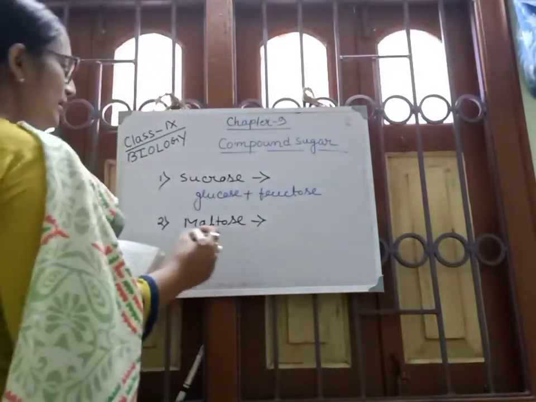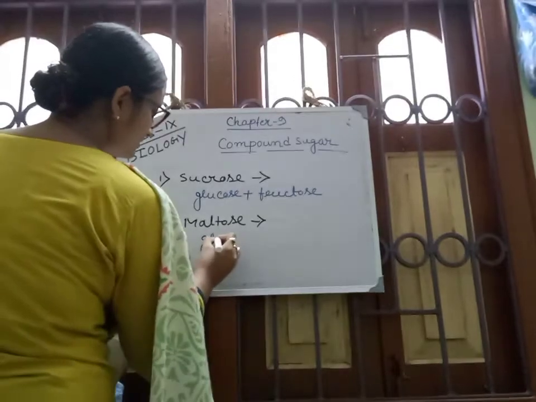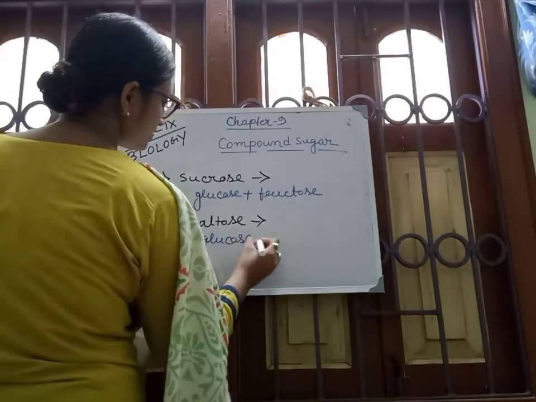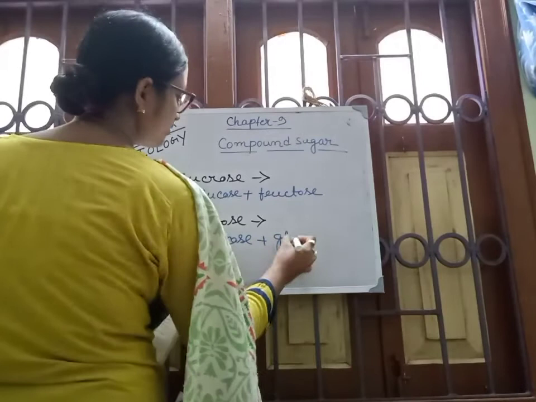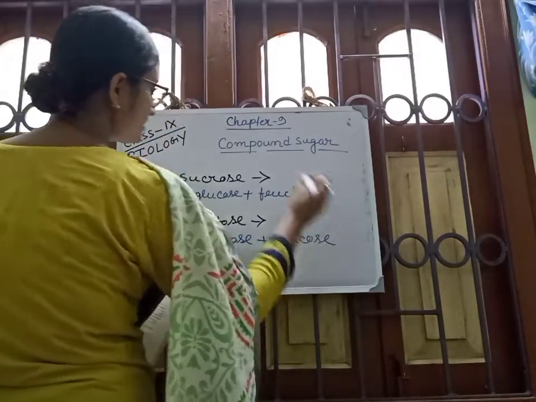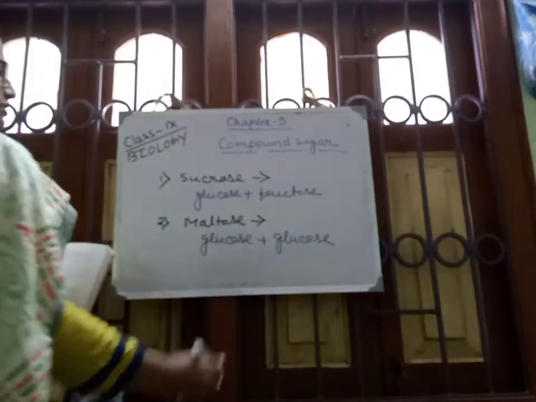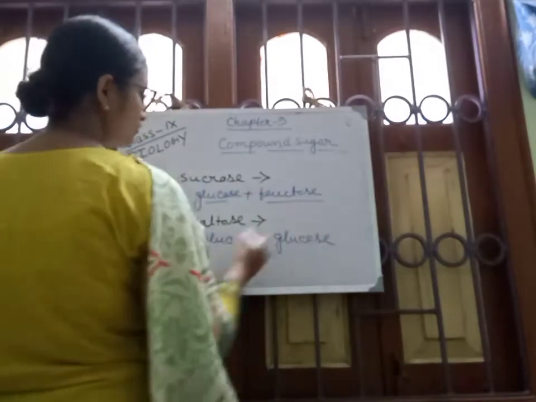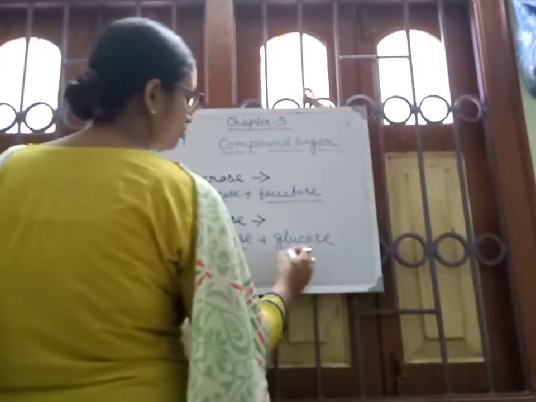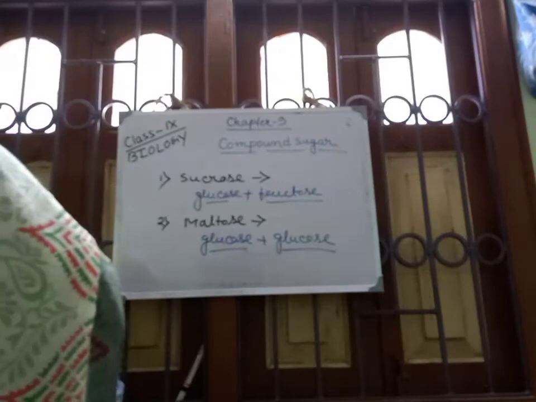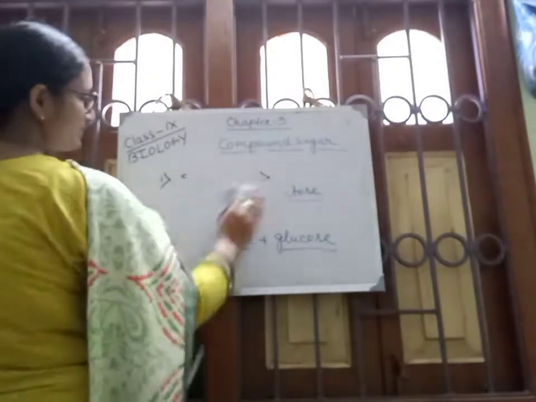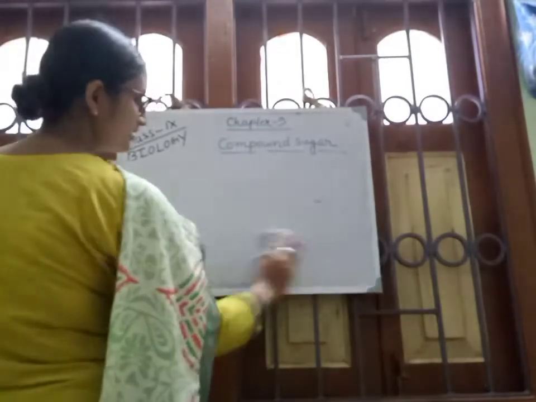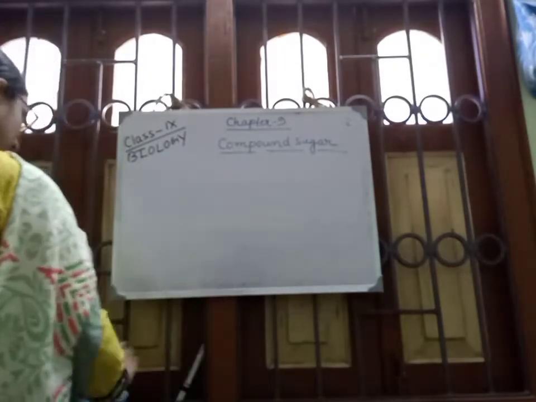Two glucose molecules means glucose plus glucose. This is maltose. Sucrose is glucose plus fructose; maltose is glucose plus glucose.